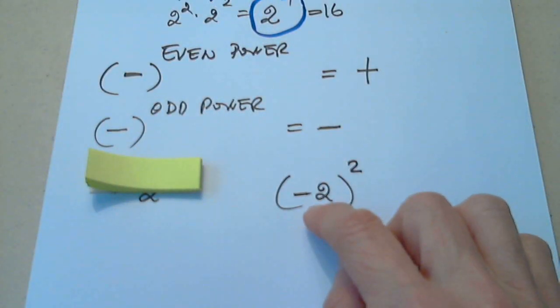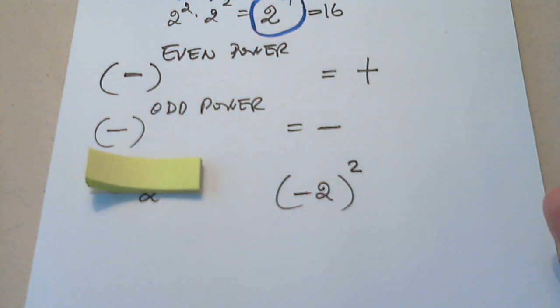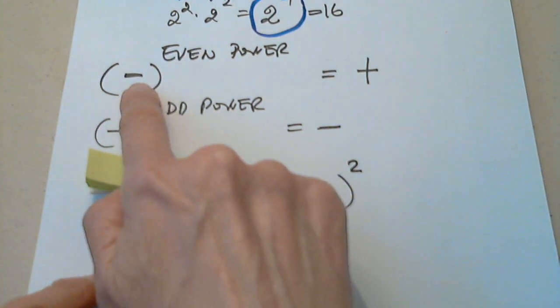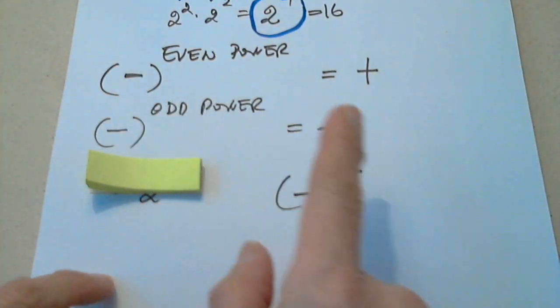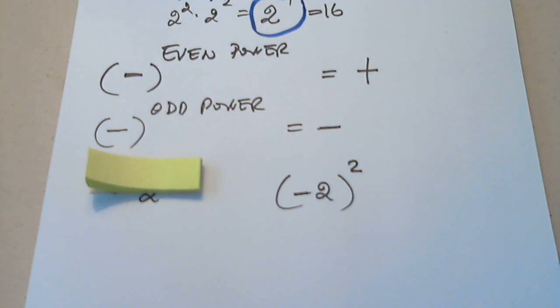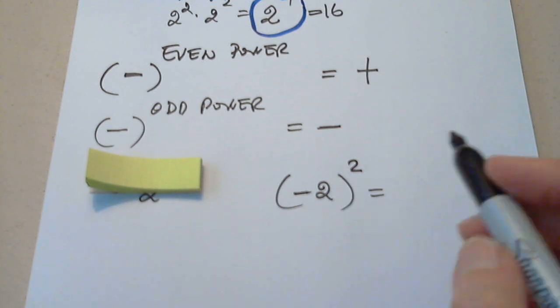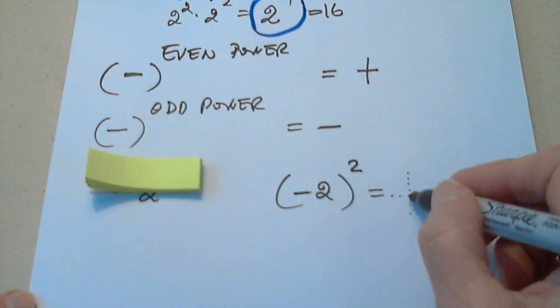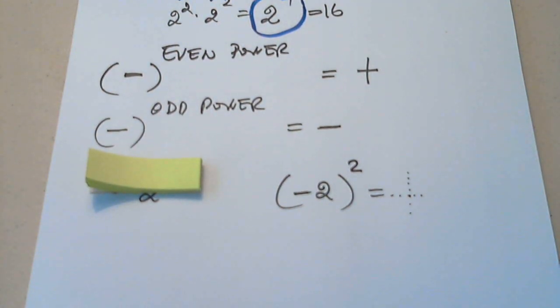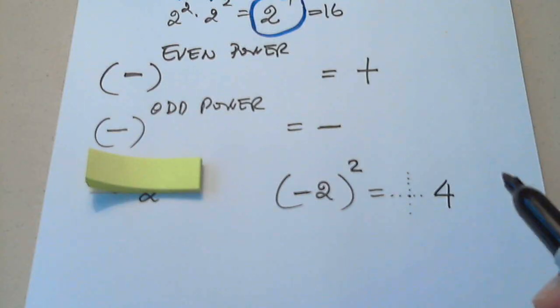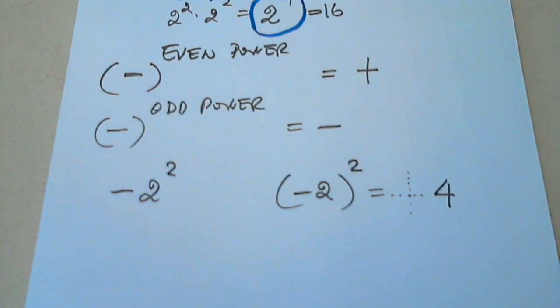I have to multiply -2 by -2. So it's a negative number raised to an even power. Of course, the answer has to be positive. I don't have to write the positive. I am going to, but there is no need for it. And what is the answer then? 4. That's it.